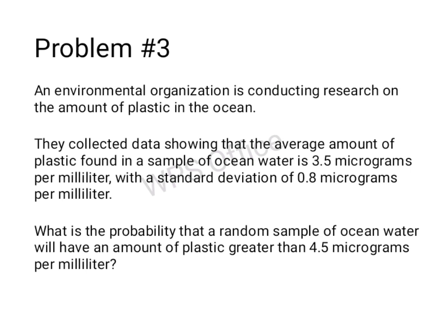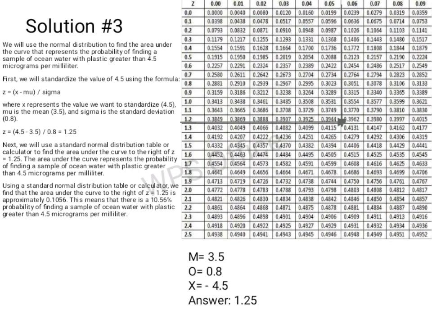Solution number 3. We will use the normal distribution to find the area under the curve that represents the probability of finding a sample of ocean water with plastic greater than 4.5 micrograms per milliliter.